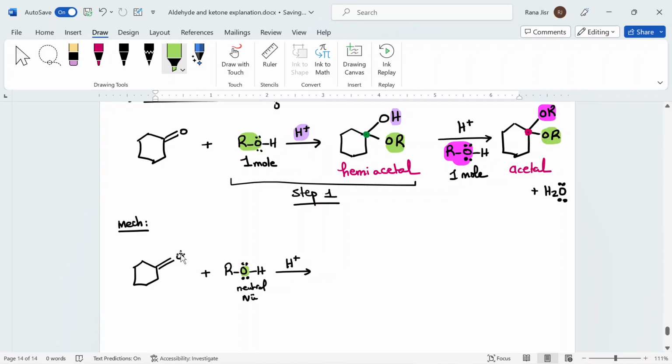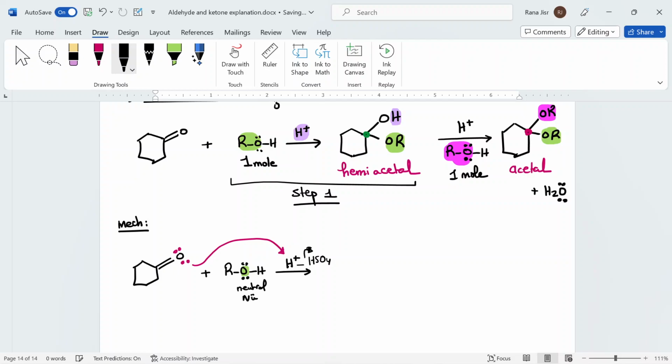The first step is the protonation of the oxygen by the acid. Show your arrows, please. The lone pairs are going to come and attack that H plus. Of course, when I say acid, I mean, for example, H2SO4. So this here is going to have an HSO4 minus that is going to leave.